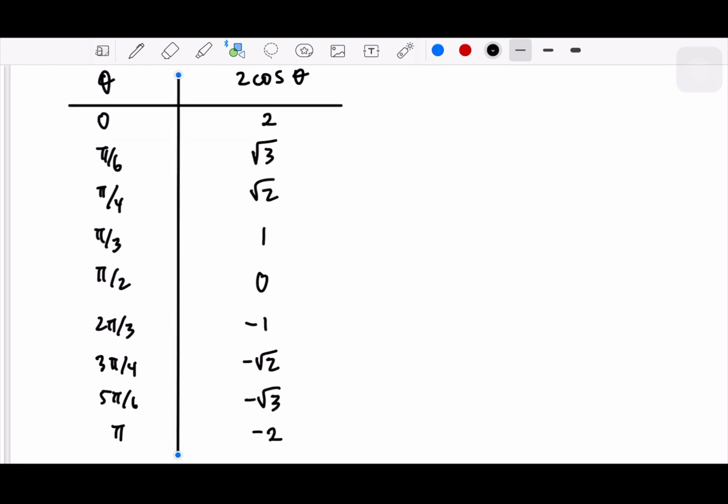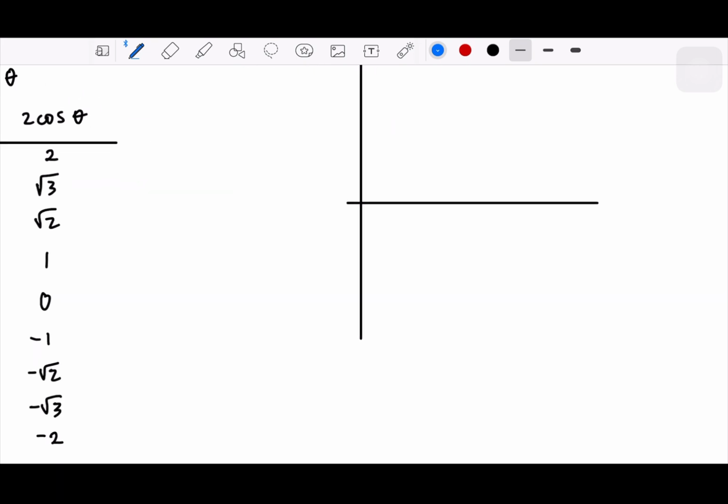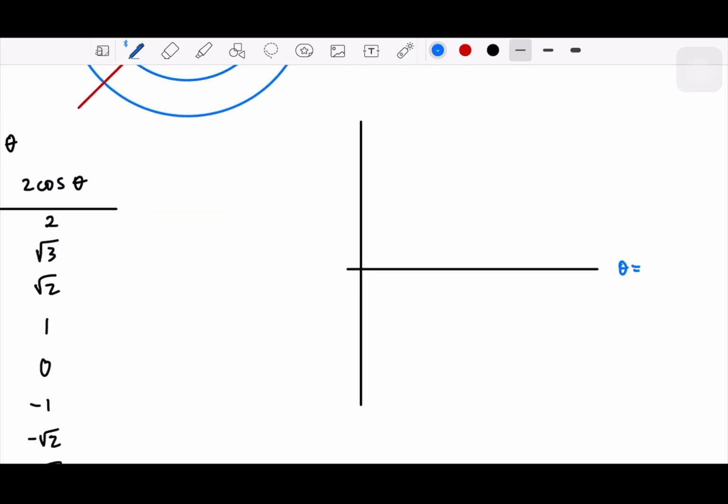Okay. And now let's check on the drawing. Let me make a new one. This is a polar axis. Let's start from theta equals 0. Theta equals 0 is here.